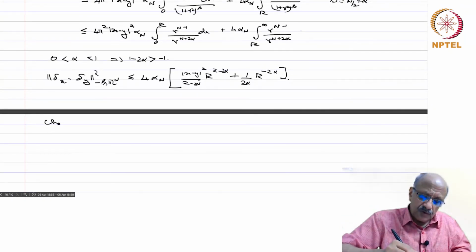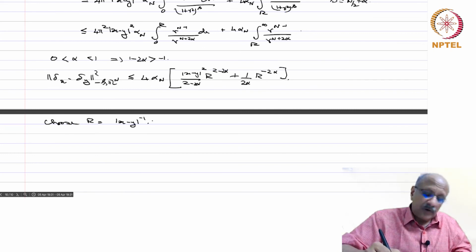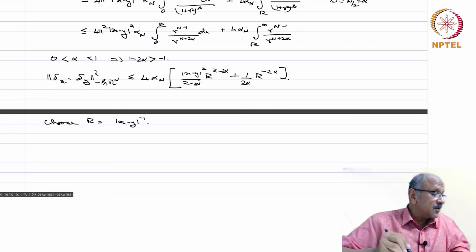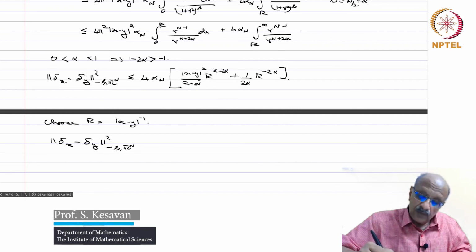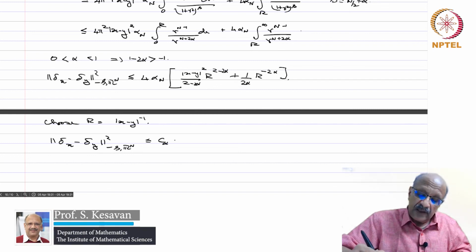Now choose r equals mod x minus y to the minus 1. We can choose r, so now we choose, then you get the norm of delta x minus delta y squared in H to the minus s of R^n is less than or equal to some c alpha times mod x minus y to the 2 alpha.